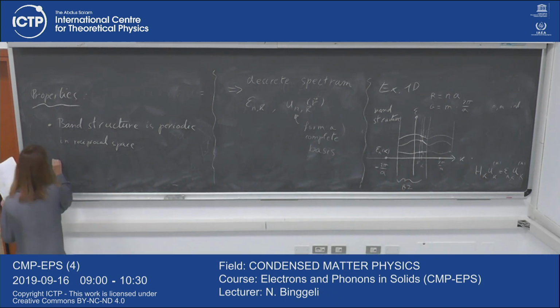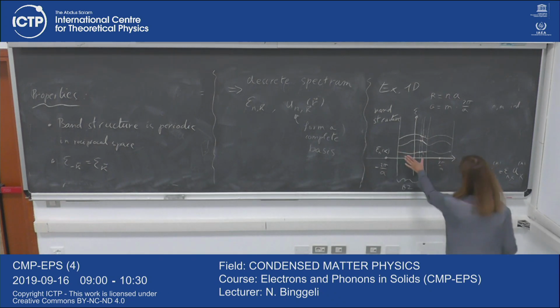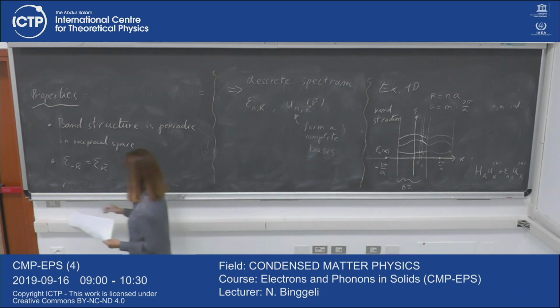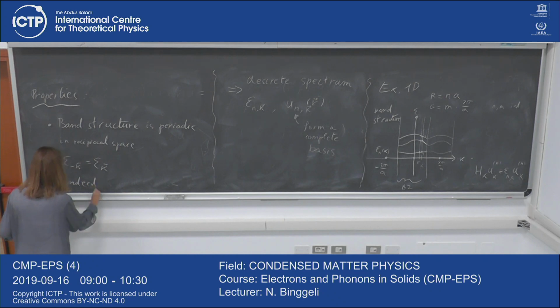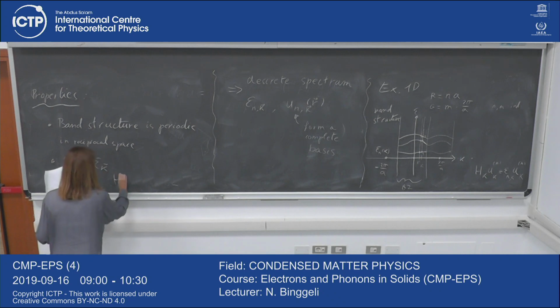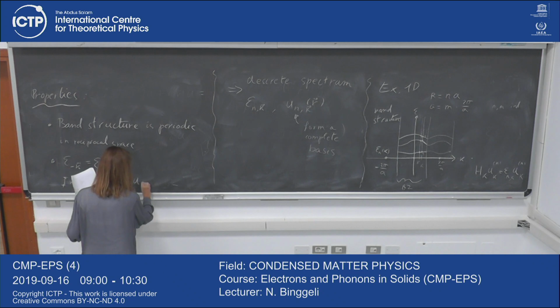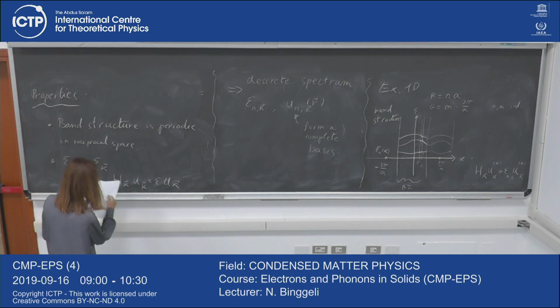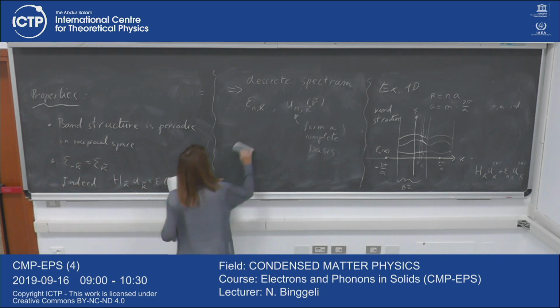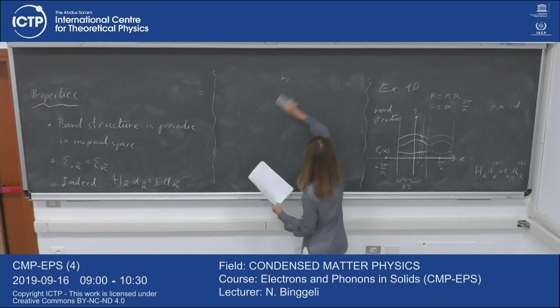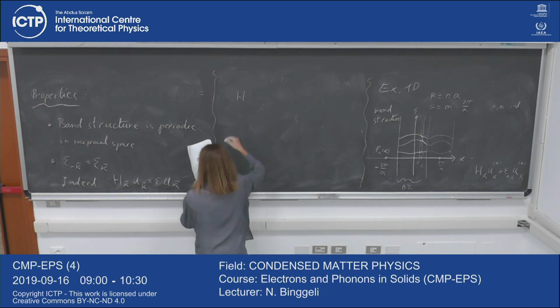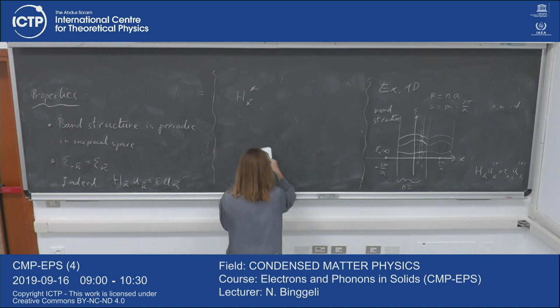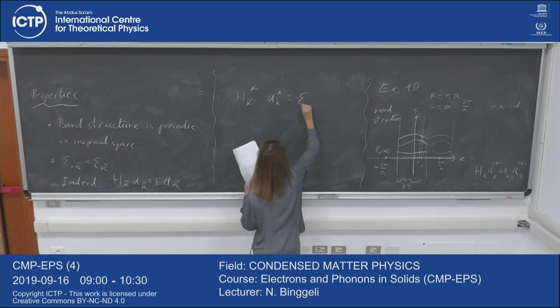And the second property is that epsilon of minus K is equal to epsilon of K. So it's symmetric, which I try to draw here for K and minus K. And the reason is that if I apply h of K on my eigenstate, u of K, my solution, and if I take the complex conjugate of this equation, I'm going to get h of K star, the complex conjugate, u of K complex conjugate, epsilon of K.